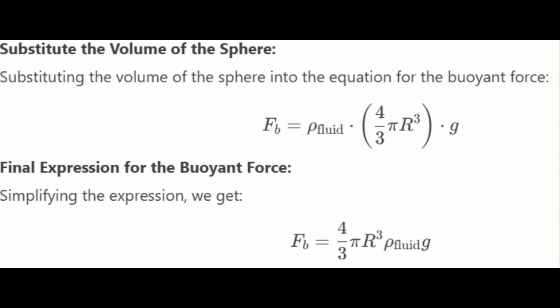So what is gamma? Gamma is the specific weight, and in fluid mechanics it is denoted by gamma. Gamma is simply rho g, the product of the density of the fluid and the acceleration due to gravity.